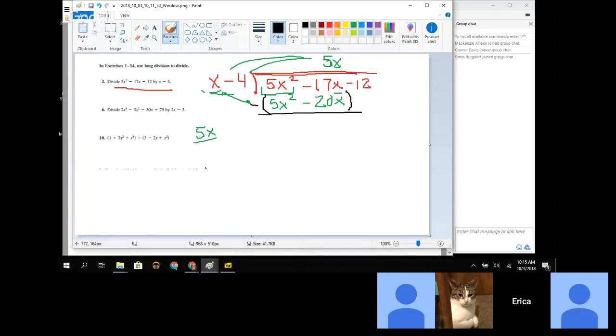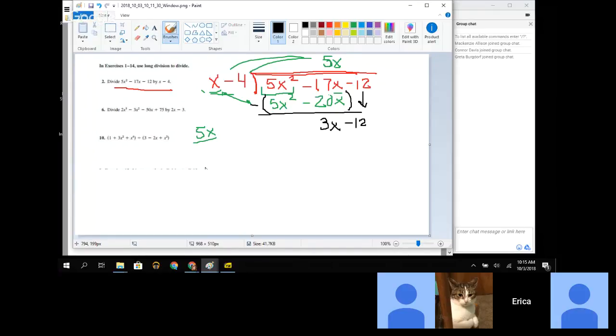So 5x squared minus 5x squared is nothing, right? Negative 17x minus negative 20x is actually just like negative 17x plus 20x. So it's 3x, right? And then I pull down my next term, which is minus 12.